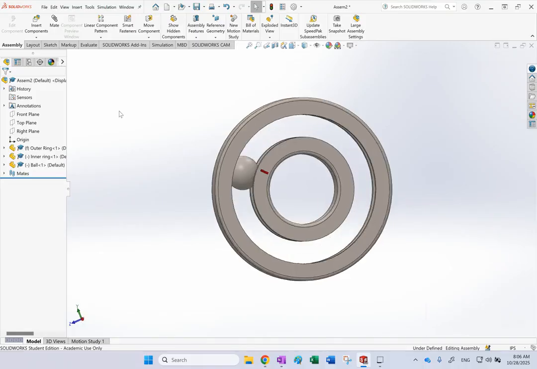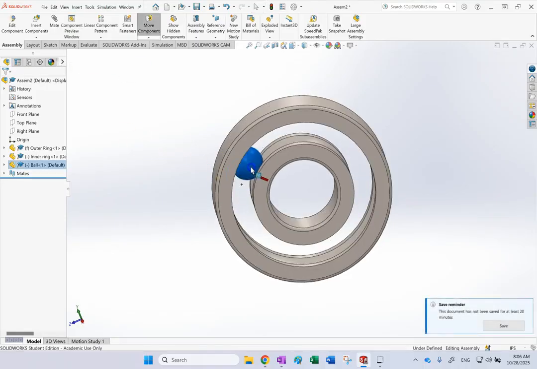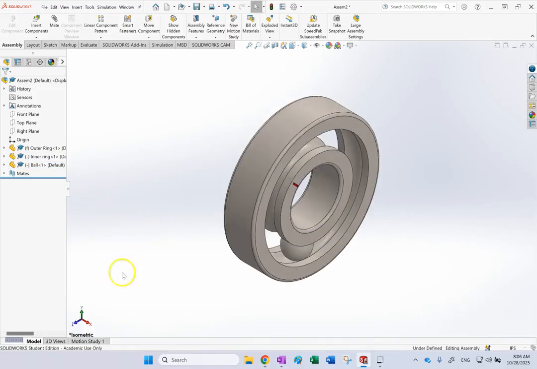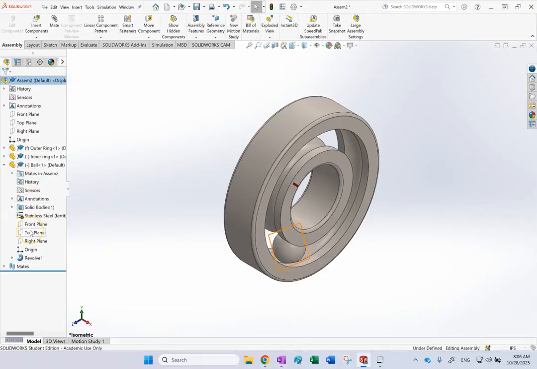Now the ball is in place, and if you look, the ball only moves inside the raceway. The ball not only can spin about the x-axis, as I said, it can also at the moment spin about the y-axis or the z-axis. So you have to take those degrees of freedom away, and for that reason I take a midplane of this.